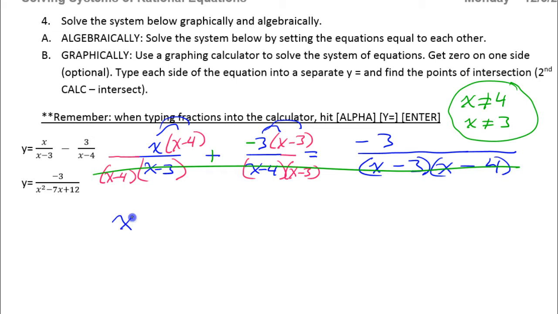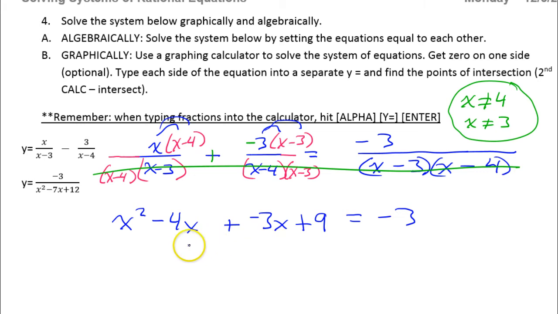So I have x squared minus 4x from this, and then plus, sort of, negative 3x, and then plus 9, like I said, is equal to just negative 3.